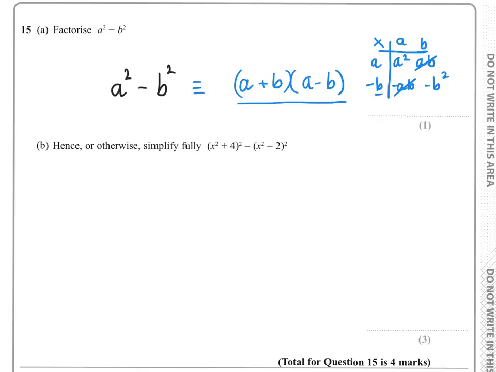And if we look carefully here, this part b is just using part a. So if we just call this our a and this part the b, you can almost think of it like this.